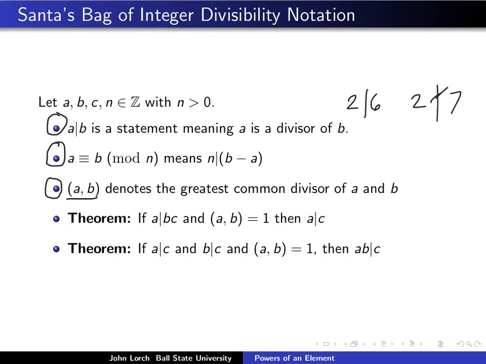So this first theorem is something that we're going to need in the course of these slides. The second theorem we will not use in the course of these slides, but it could be useful to you in your homework for this section.